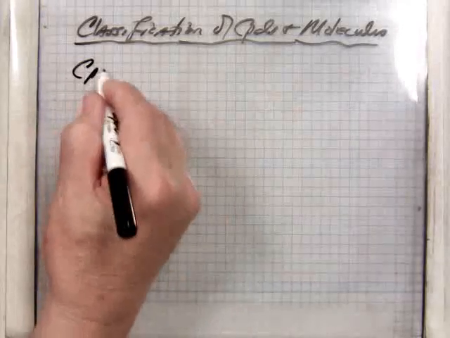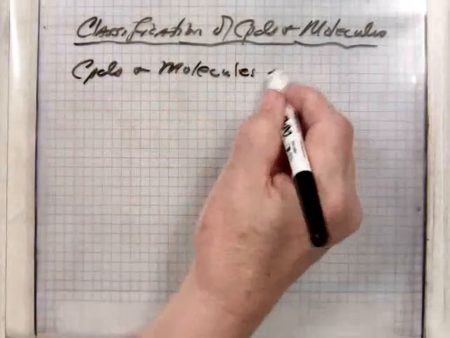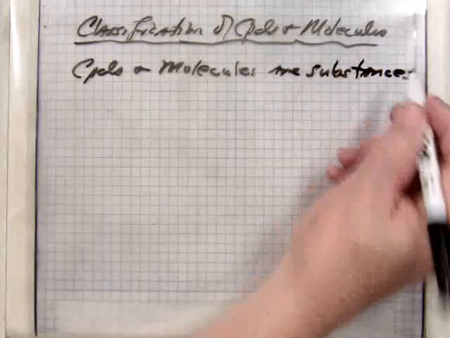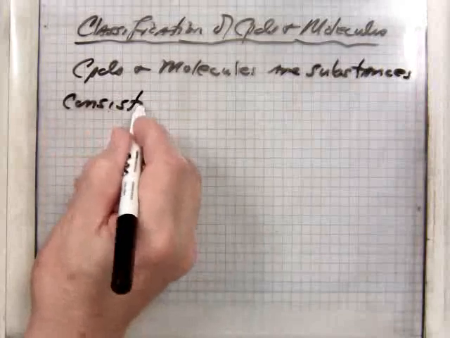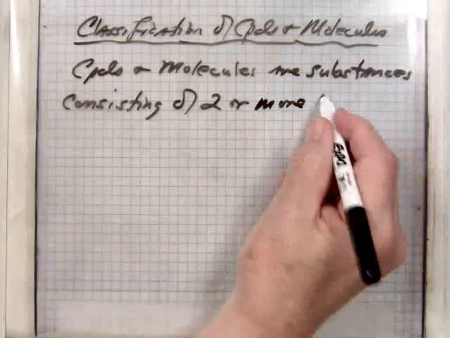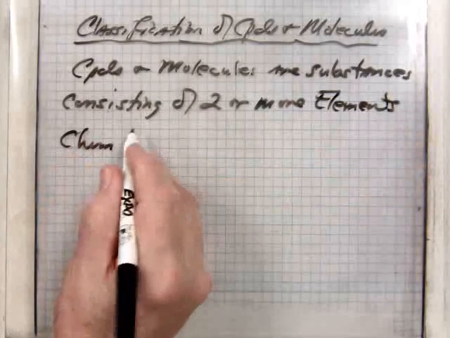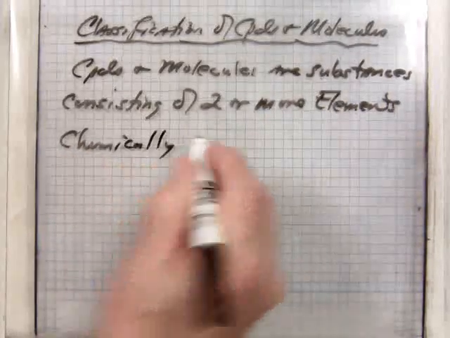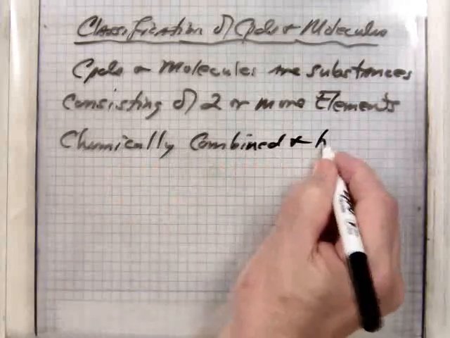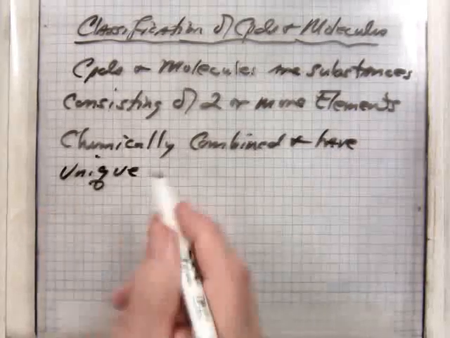So compounds and molecules are substances consisting of two or more elements chemically combined and have unique chemical and physical properties.